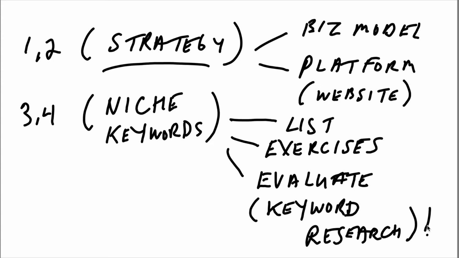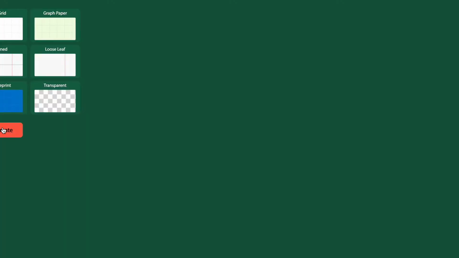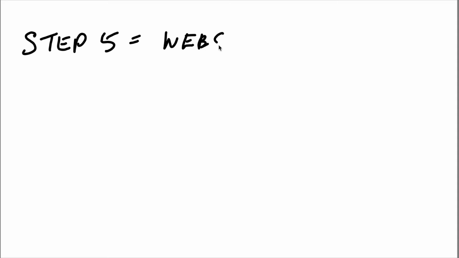So once you've done steps 1, 2, 3, and 4, then you can move on to step 5, which we're going to cover in this video, 5, 6, and 7. So step 5 is creating your website. And so many people, I'm just talking with someone right now on Facebook, they do this step way too early.